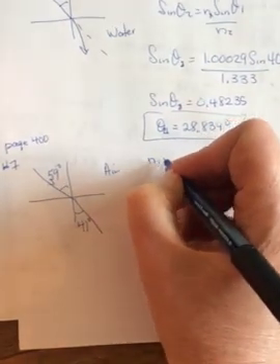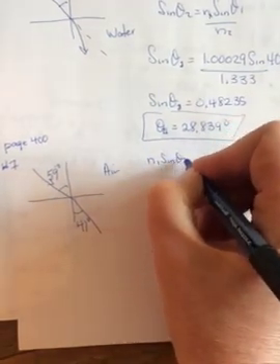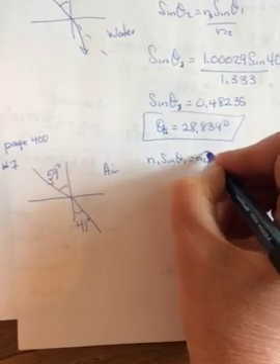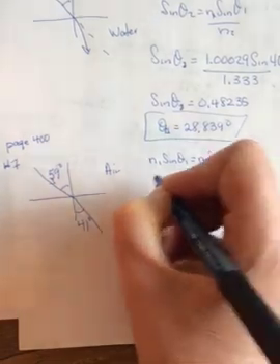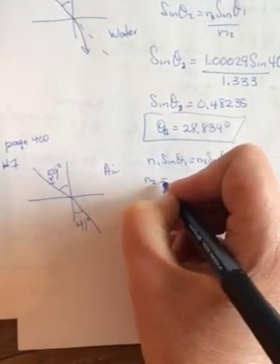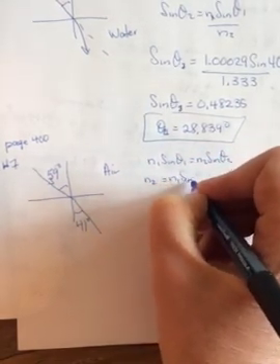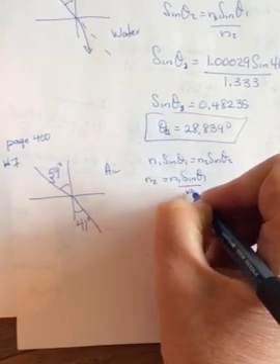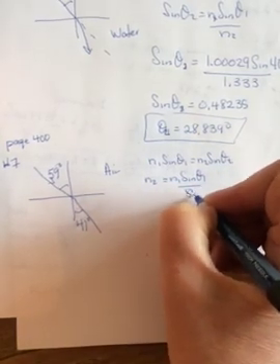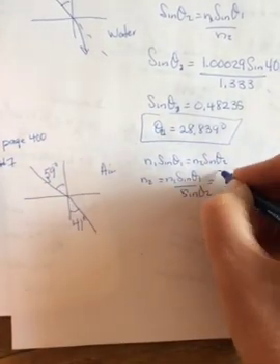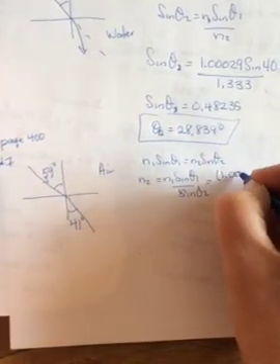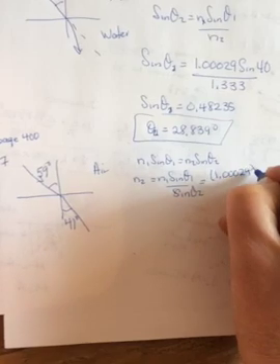Okay, so you're doing N1 sine theta 1 equals N2 sine theta 2. And you're solving for N2, so divide both sides by sine theta 2. So N1 sine theta 1 over sine theta 2. So N1 is air. Look it up on the chart. It's 1.00029.